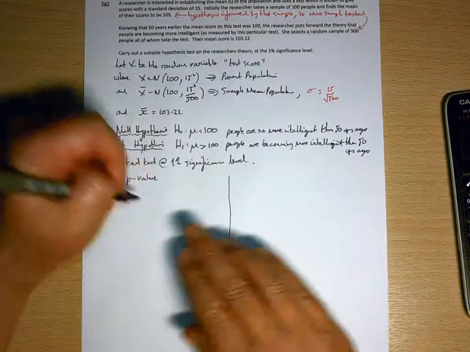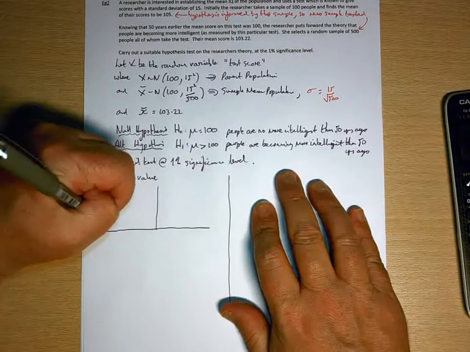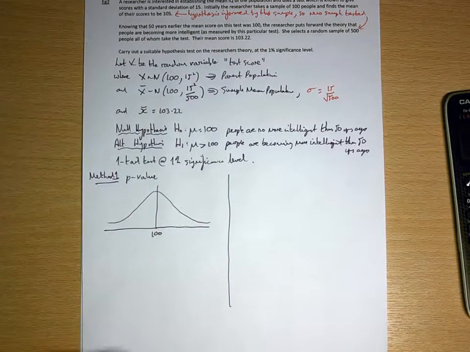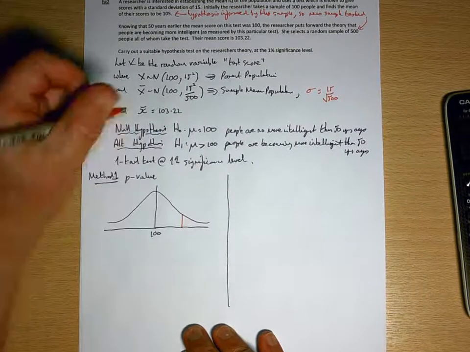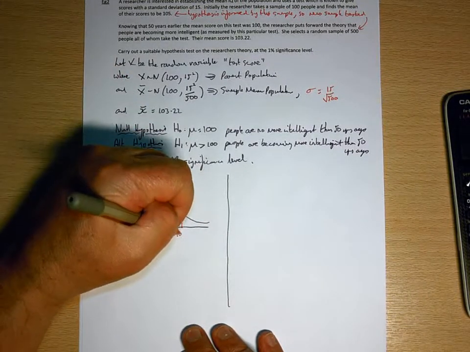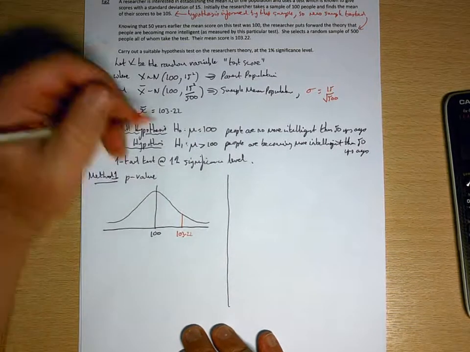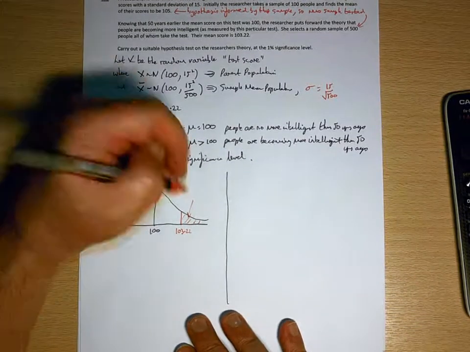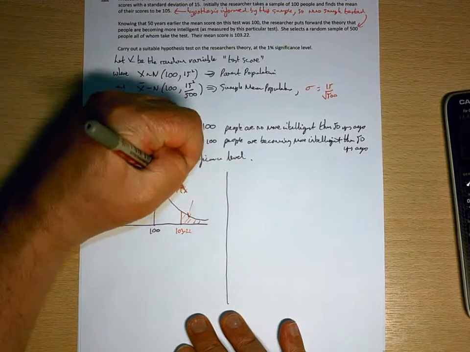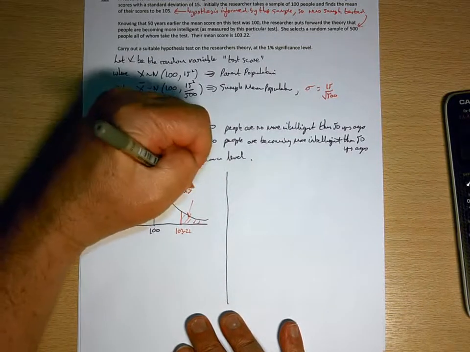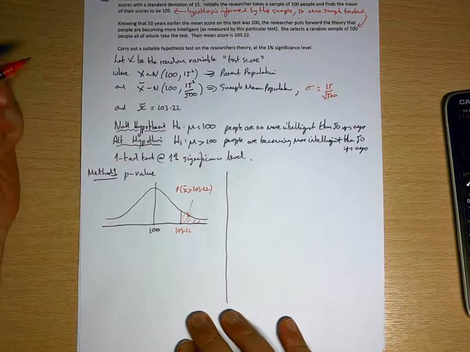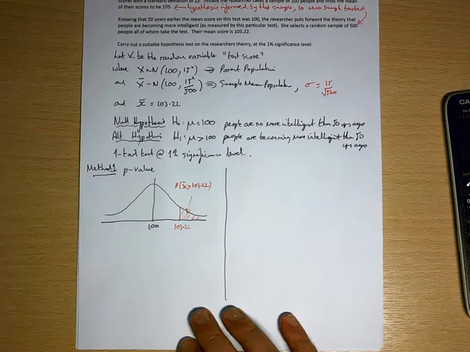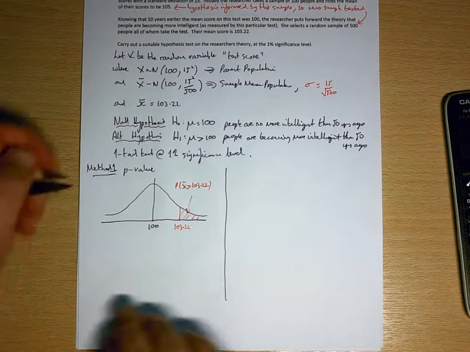So the p-value. So with the p-value this time, we've got a mean of 100, and this here is where the 103.22, our calculated sample mean, is, and I want to find out what that probability is, that area there. So we're interested in the probability that x bar is greater than 103.22. If that probability is smaller than 1%, then we can reject the null hypothesis.